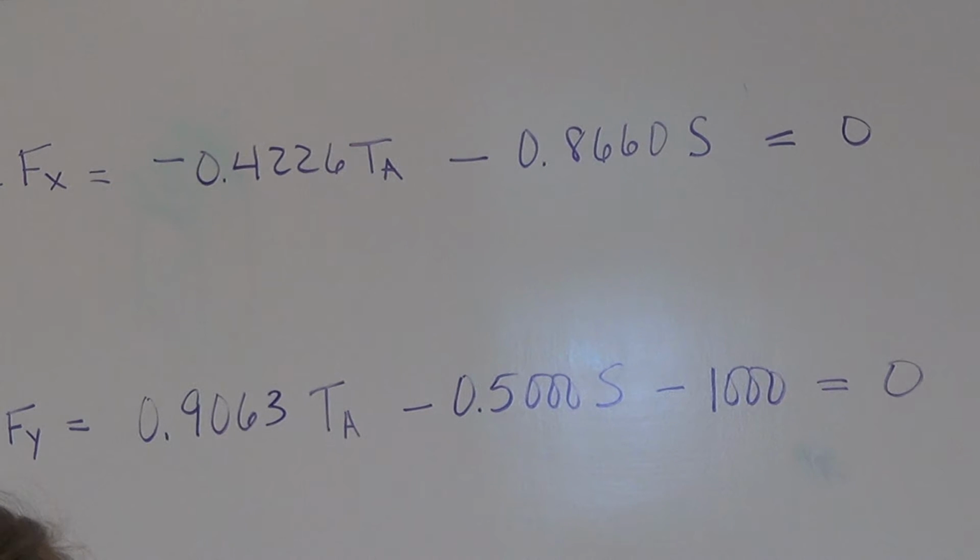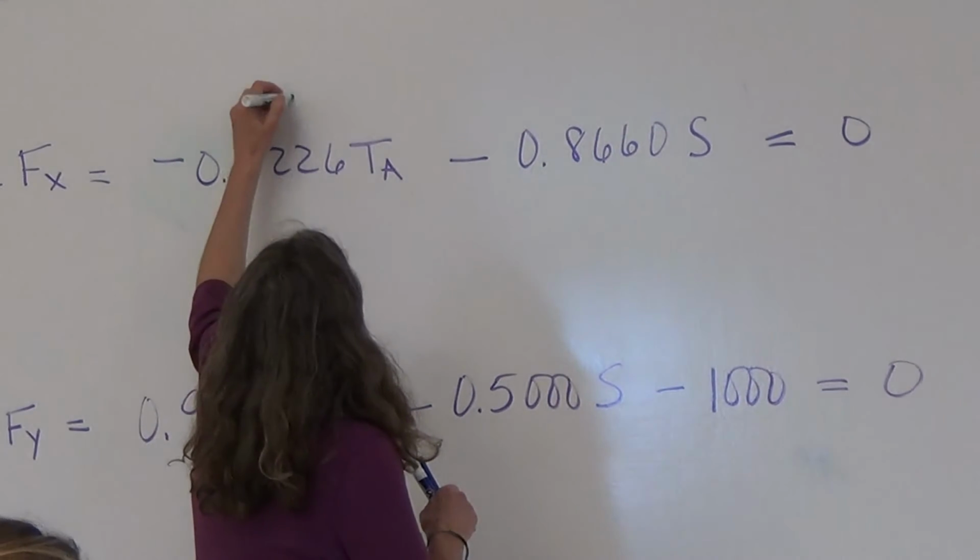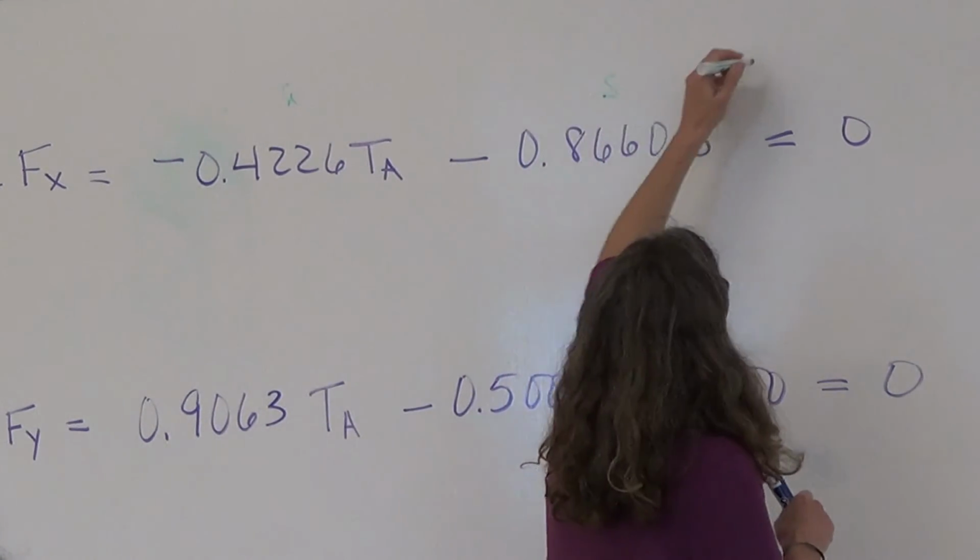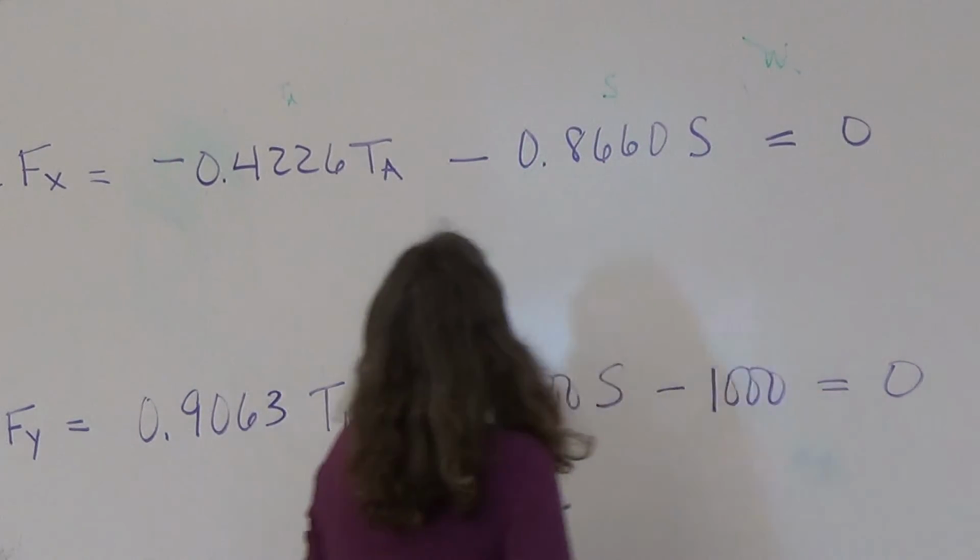So the weight is a Y value, right? So I added it into the sum of the forces in the Y. Do you see it? So here is the TA value, here is the S value, and W has no X component.